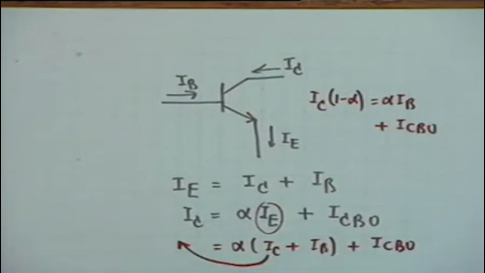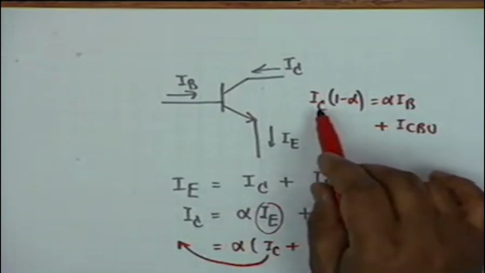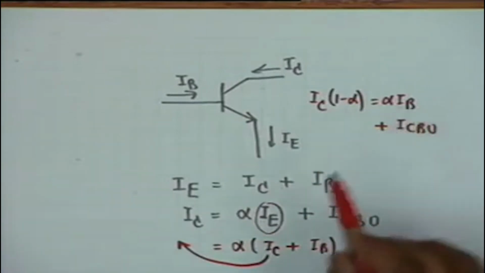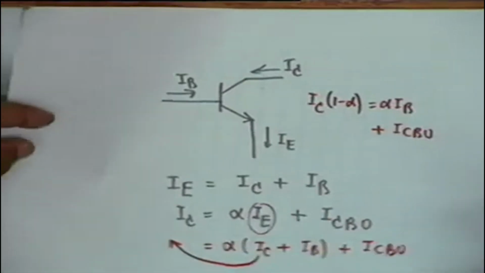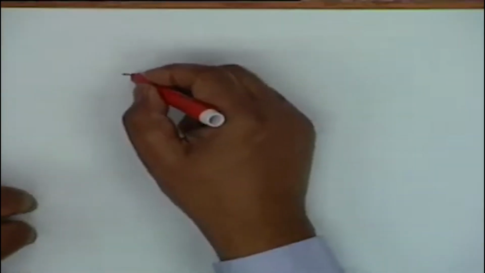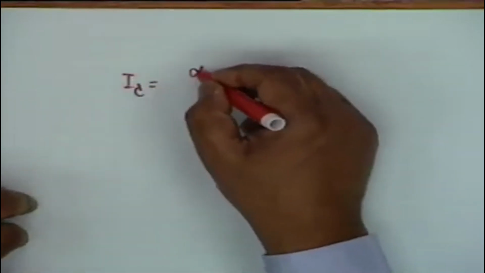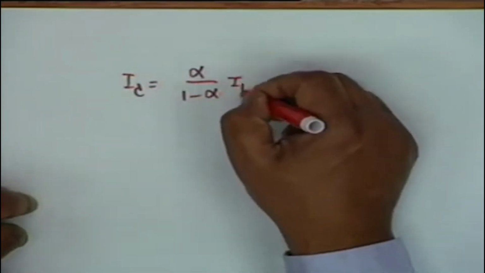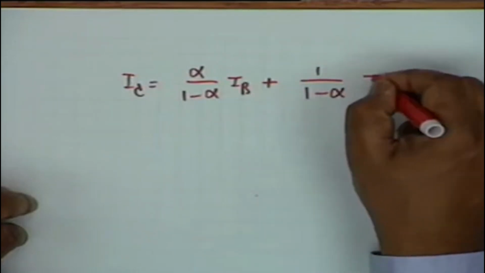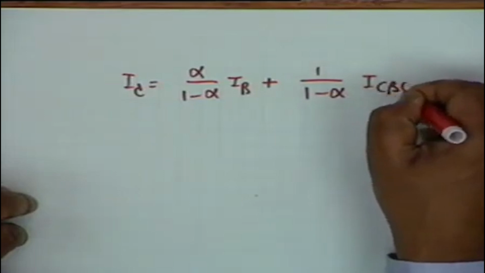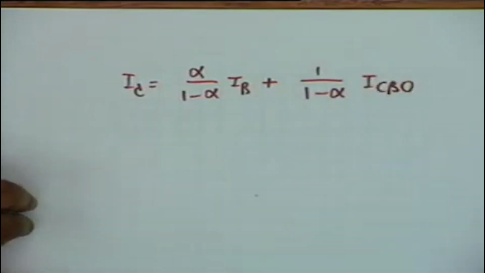I am interested in finding I sub C as a function of I sub B, so if I divide both sides by 1 minus alpha, I get I sub C equals alpha by 1 minus alpha times I sub B plus 1 by 1 minus alpha times I sub CBO, the reverse saturation current.